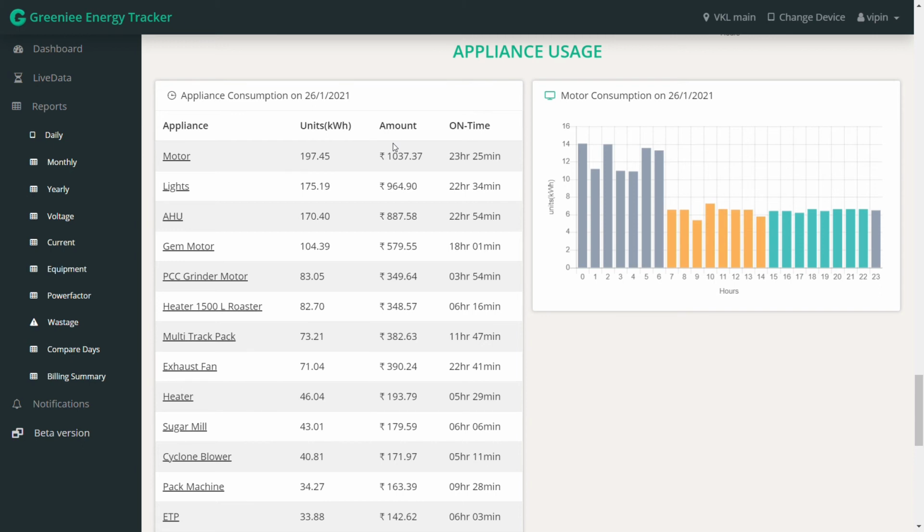Is the consumption of your equipment optimum based on its rating and the wattage and all of that? And whether the equipment has been running during your office hours, or is it running at a time when it is not expected to be running? This is how you basically approach your energy monitoring and management.